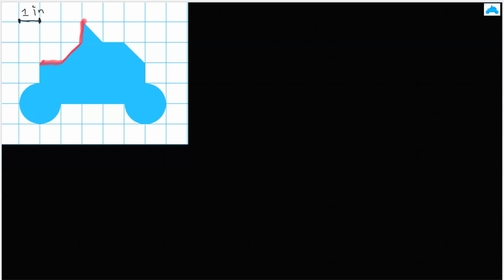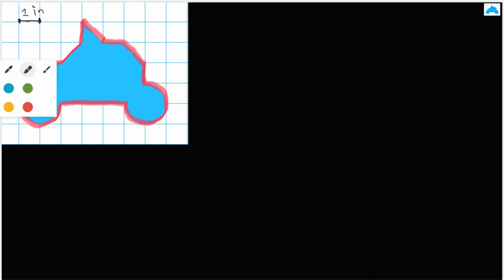Meaning if we were to go around the boundary of this shape, we need to find the length as we are drawing around the boundary of this shape. Meaning, what does that consist of?